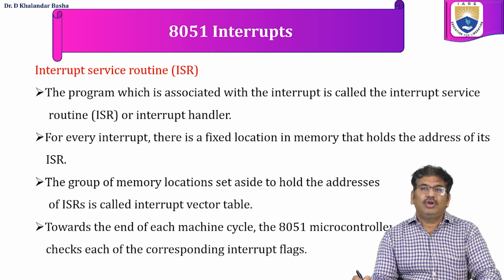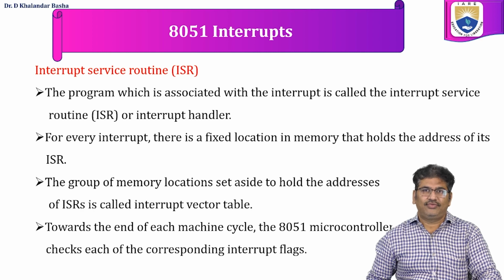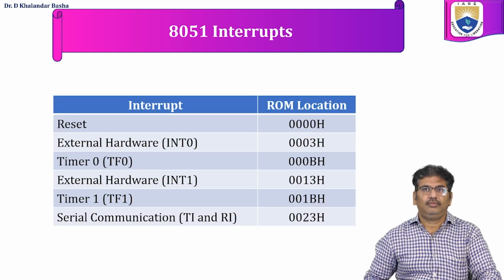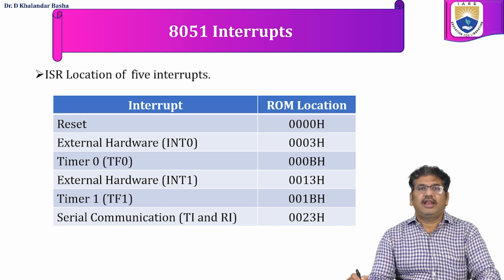The group of memory locations set aside to hold the addresses of all the ISRs is called the interrupt vector table. Towards the end of each machine cycle, the 8051 microcontroller checks each of the corresponding interrupt flags. The locations from which the interrupts are handled by the microcontroller and the ISR addresses are given in the table.